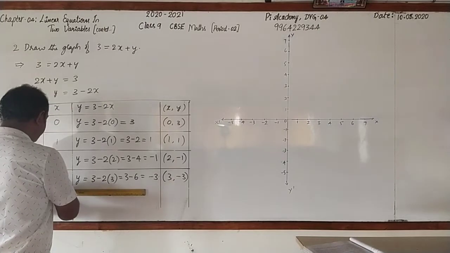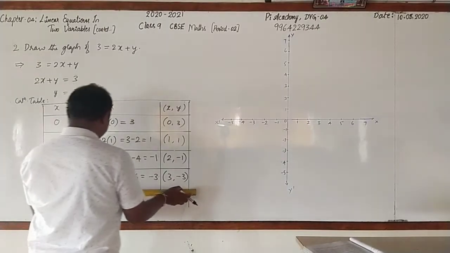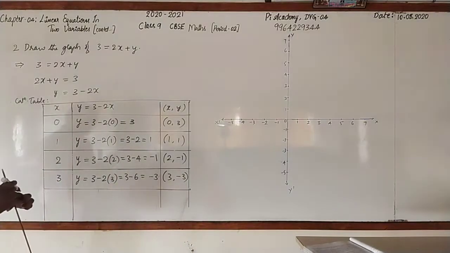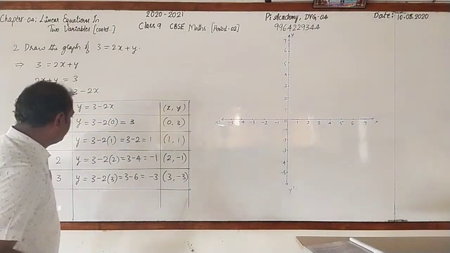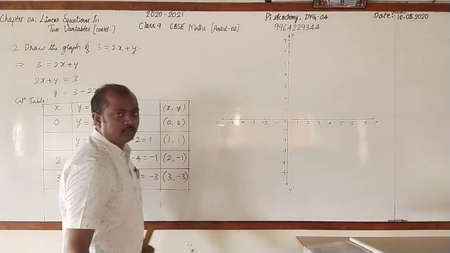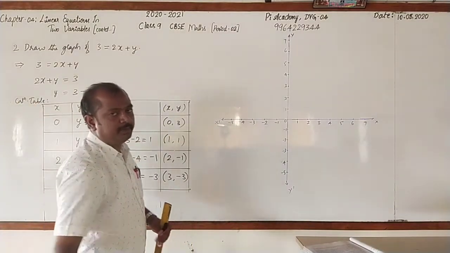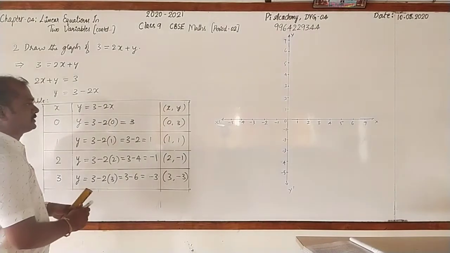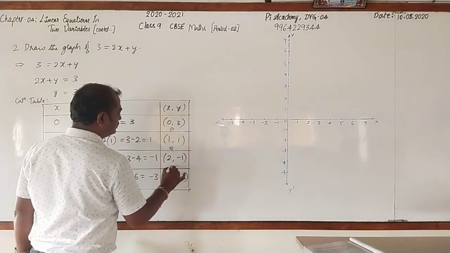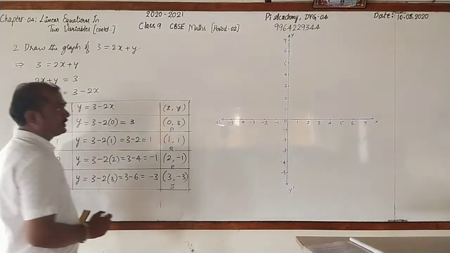And take scale and pencil, draw the line. Now you can go for giving the names for these coordinate points. Yes, what will we give? Again, A, B, C, D, or P, Q, R, S. This time I'll take, this is P, this is Q, this is R, and this S.